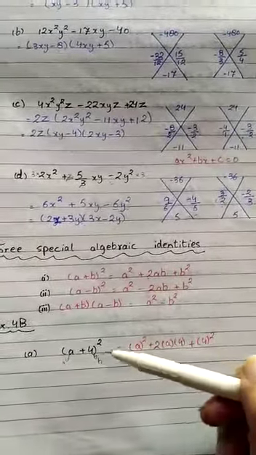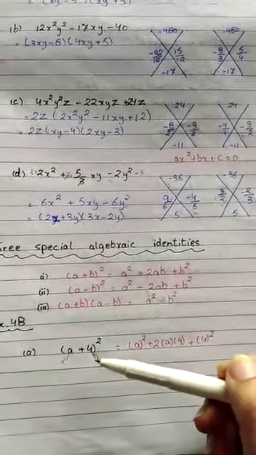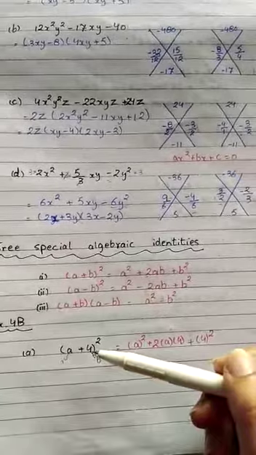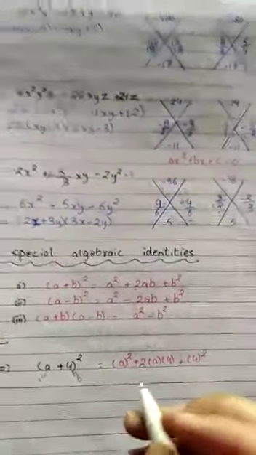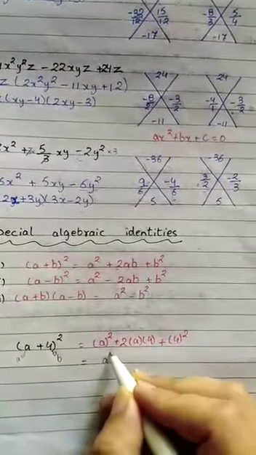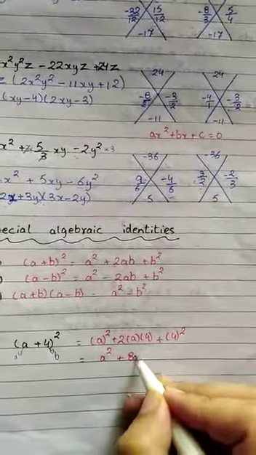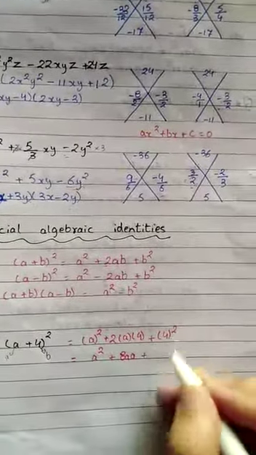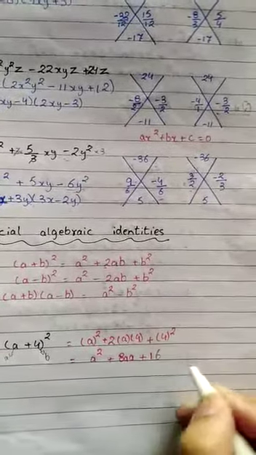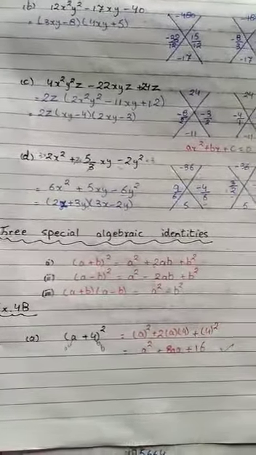So a multiplied with 4, and plus b square means you will take the value of b square, which is 4. So the next step is to just simplify. A square plus 4 times 2, it becomes 8a. 4 square, it becomes 16. So this is the answer of part A, question number 1.